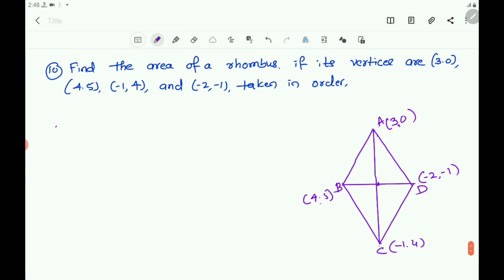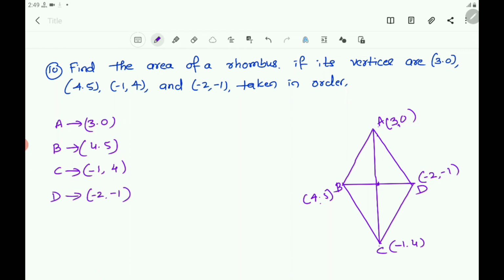So you take A as a point with coordinates (3, 0), B as (4, 5), C as (-1, 4), and D as (-2, -1).